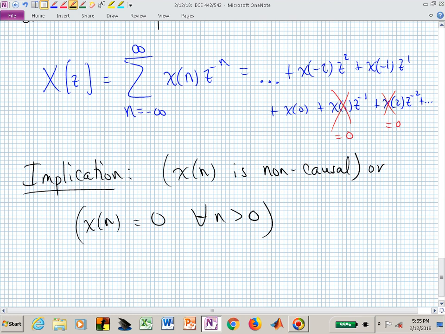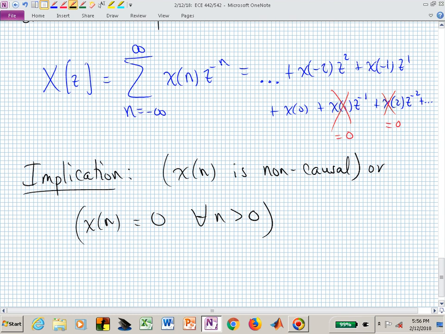And typically I will actually just associate n equal to 0 with the causal piece, but you can see that that constant is not going to cause this to go unbounded by letting z equal 0. So x of 0 could really be on any of these two sequences.